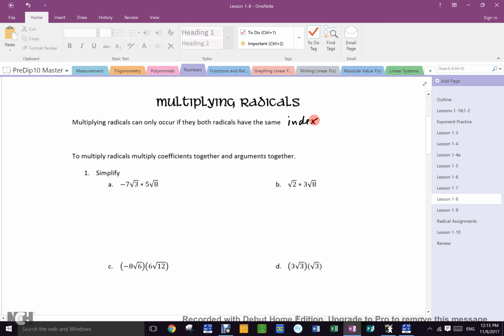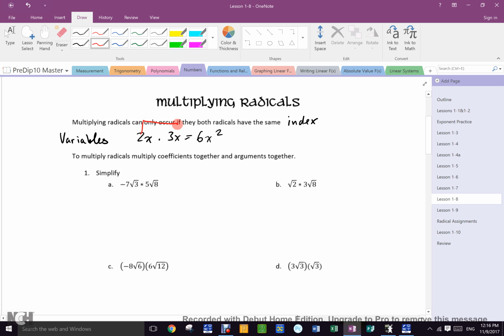And again, we're going to use variables to show it. 2x times 3x is what? 6x squared, right? Successfully found the answer.